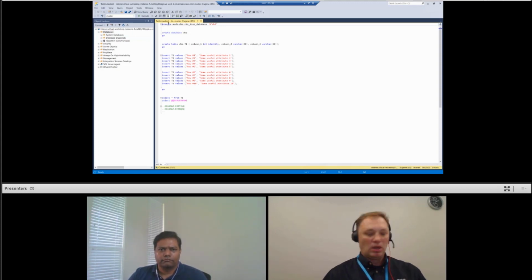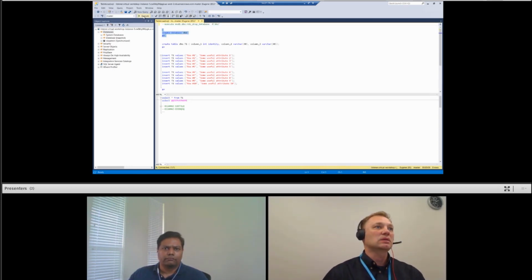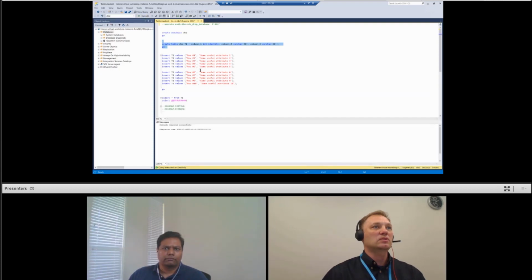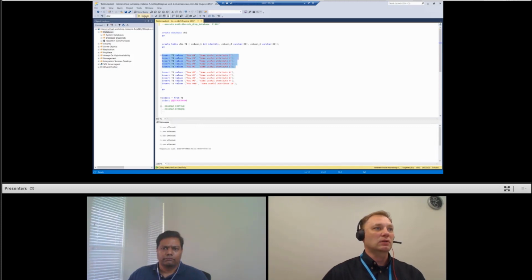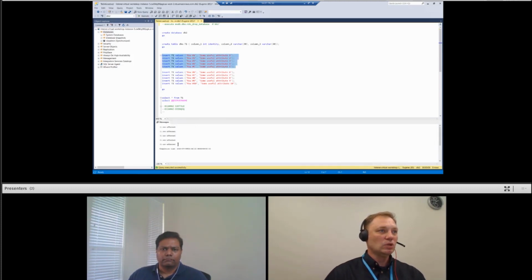All it's going to do is create this tiny database, and we're going to create one table. Here's the table, it's created. And let's insert 5 records in it. All right, 5 records are inserted. And let's confirm that they're there.